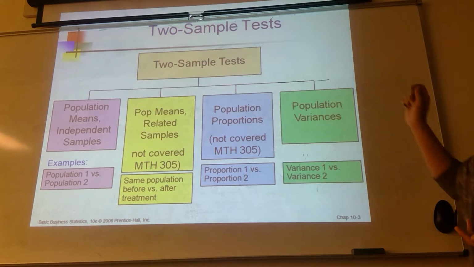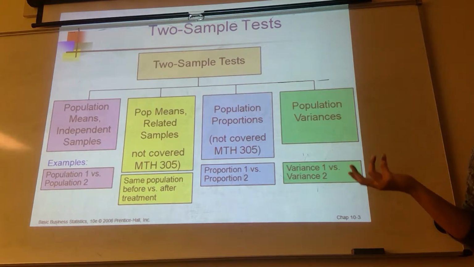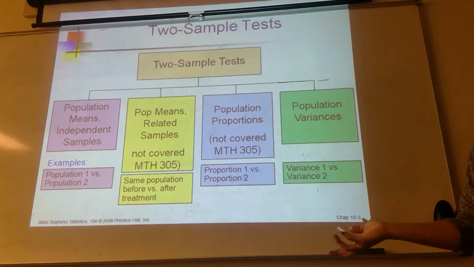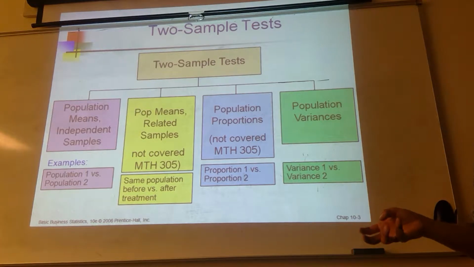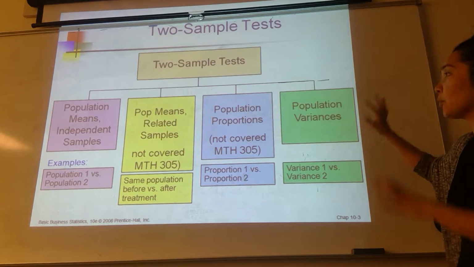And so they start tallying that information. But let's say you want to compare the two, like how do you know which one has a better or shorter wait time? And that's what we're doing here.